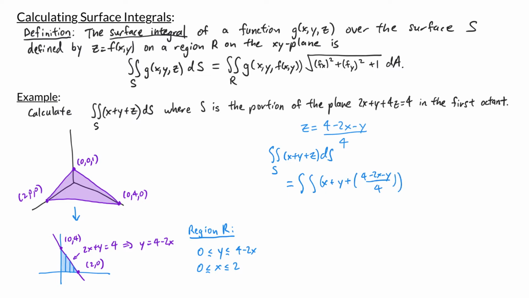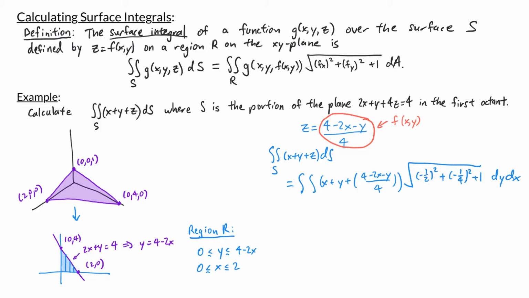All of this times the square root of fx squared plus fy squared plus 1. Now f is this function right here. So fx is negative 1/2, squared, plus fy is negative 1/4, squared, plus 1, and then dy dx.